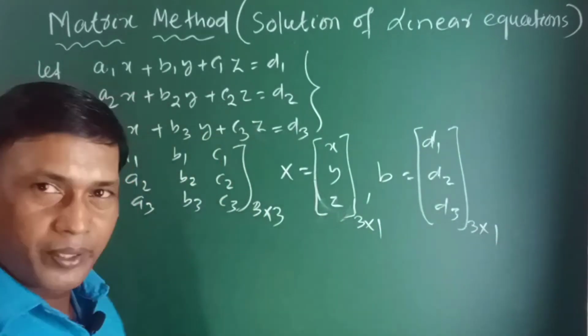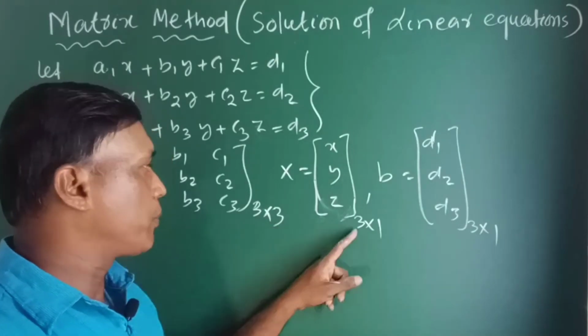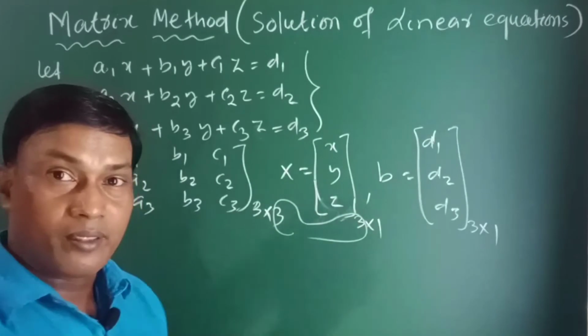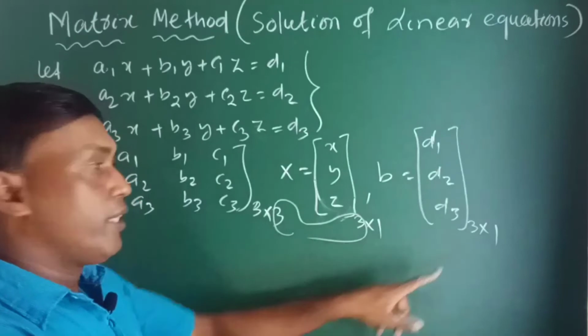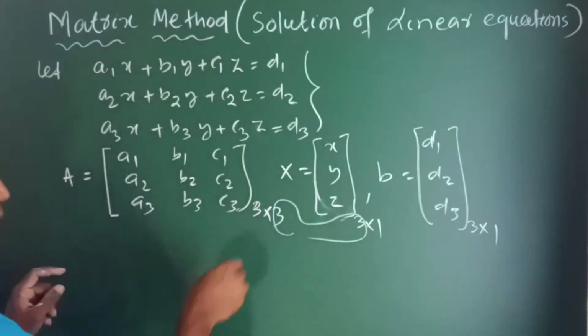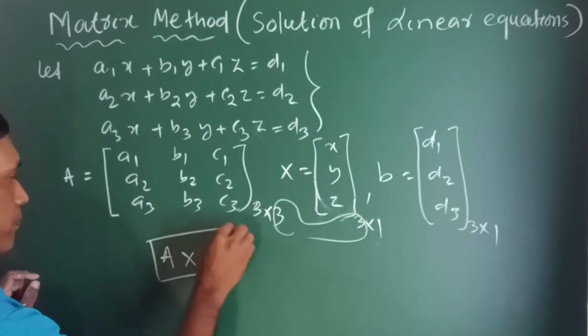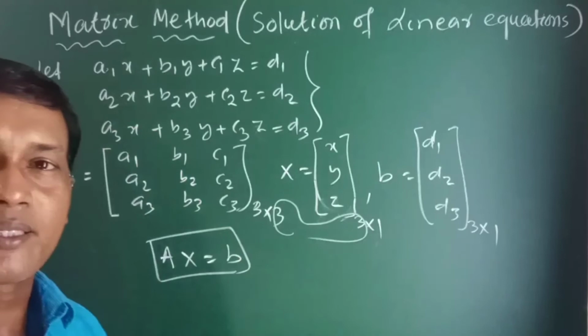For a matrix product, the number of columns in the first matrix should be equal to the number of rows in the second matrix. These two are equal, and the order of the product matrix must be 3 cross 1. So this equation is in the form A into X is equal to B. This is the matrix notation of the system of equations.